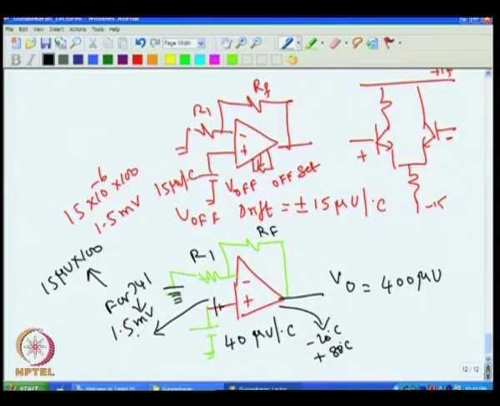That means automatically this 1.5 millivolt can appear depending upon the piece. One piece can be plus 1.5 millivolt, another piece can be minus 1.5 millivolt, another piece can be even 0, but none will be more than 1.5 millivolt.